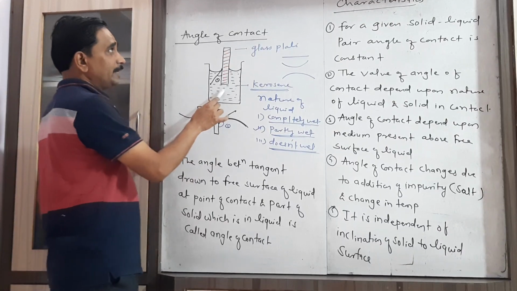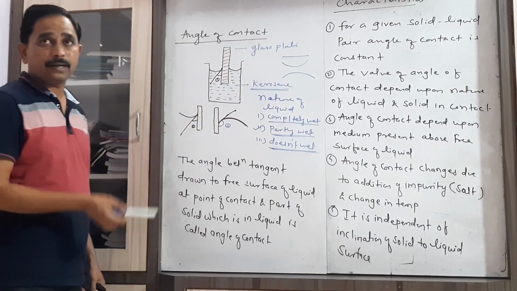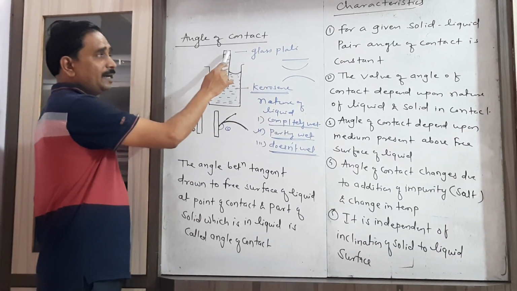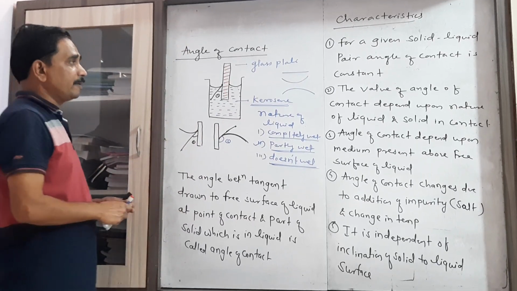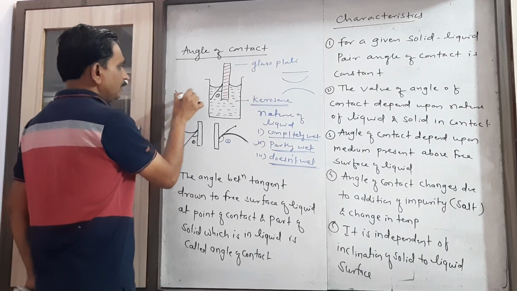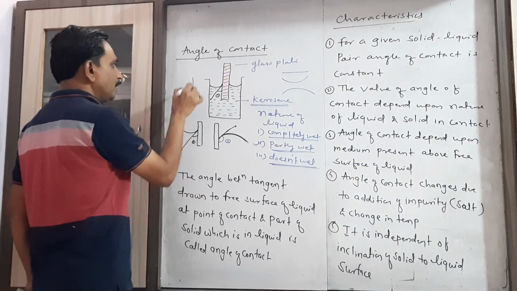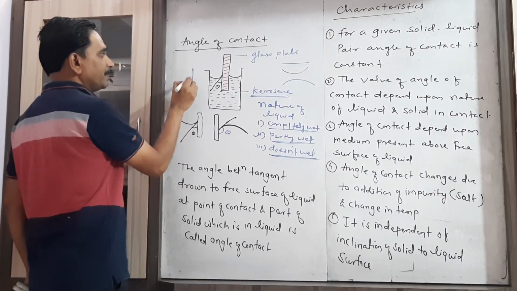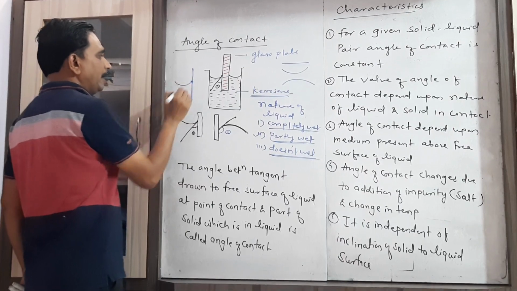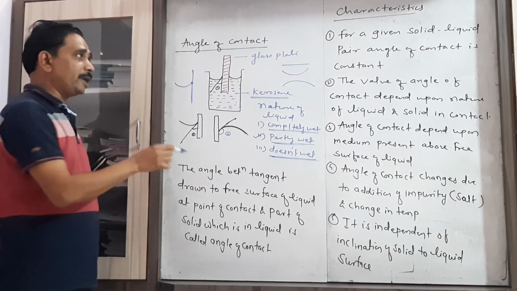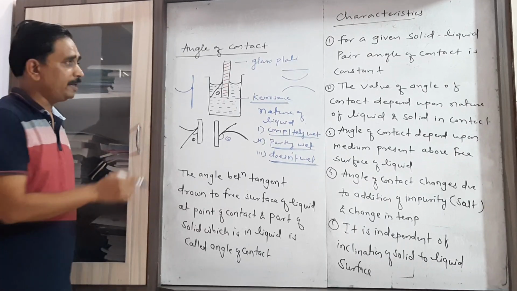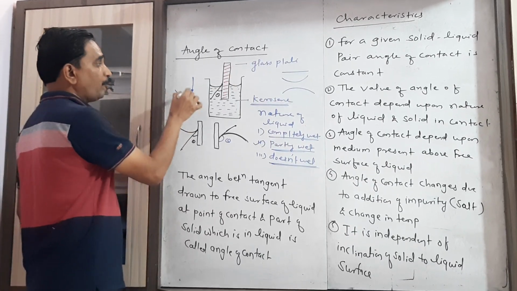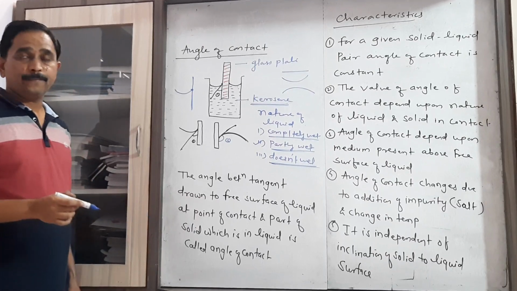Now let us concentrate on what we mean by angle of contact. When this glass plate is dipped vertically in a liquid, then this liquid comes in contact with the solid. Now the point at which this solid touches the liquid or liquid touches the solid, this point is called the point of contact.